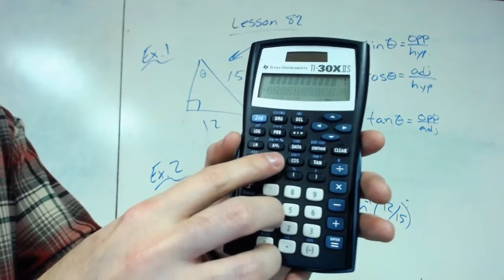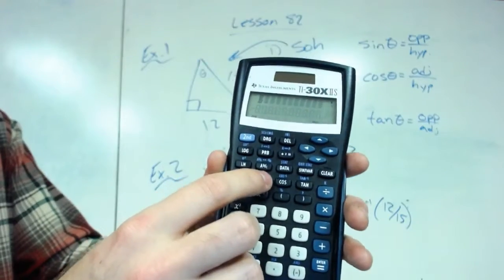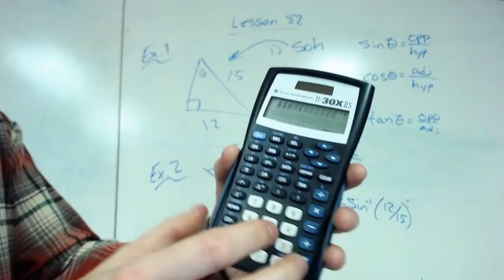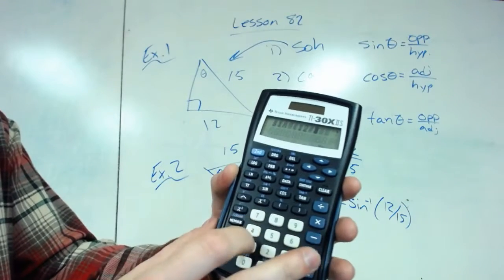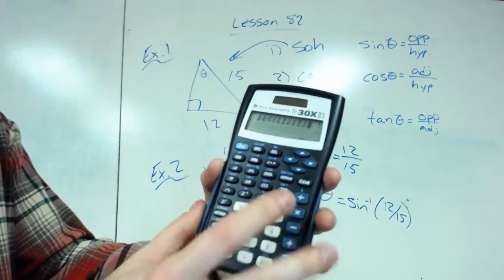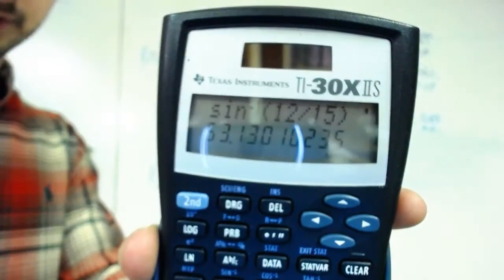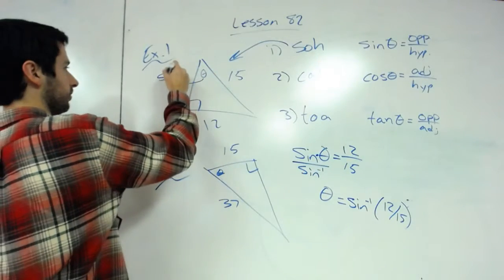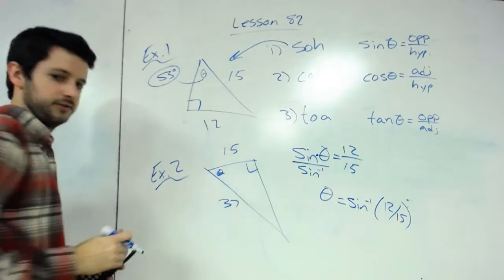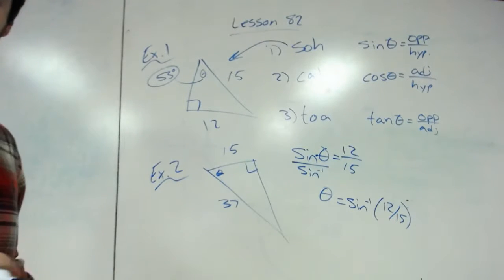So in order to get there, I'm going to click second, sine, then it opens up the parentheses, and I'll put in 12 divided by 15. And we get 53 degrees. So theta is roughly 53 degrees. And that's all you do. You're really just plugging it into the calculator.